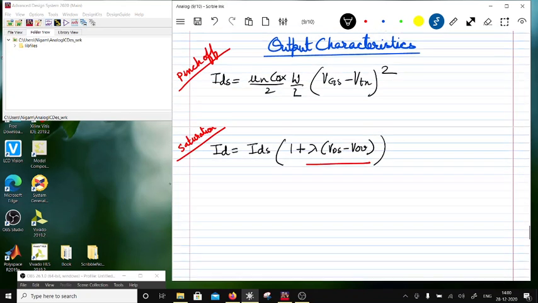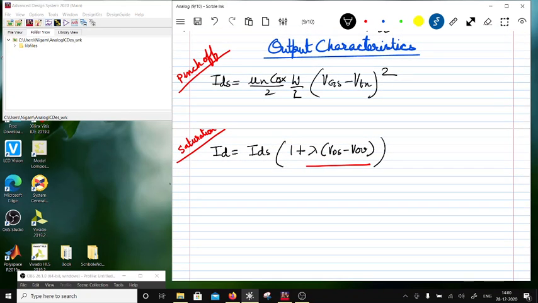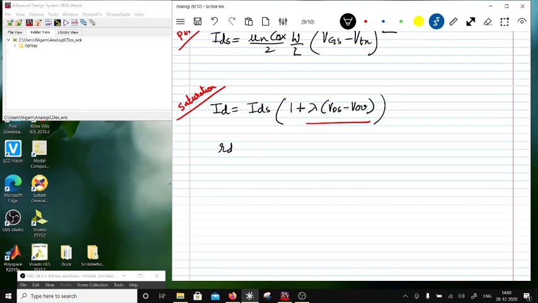So if I write here output impedance RDS, this is drain to source resistance, it is equal to 1 over lambda times IDS.